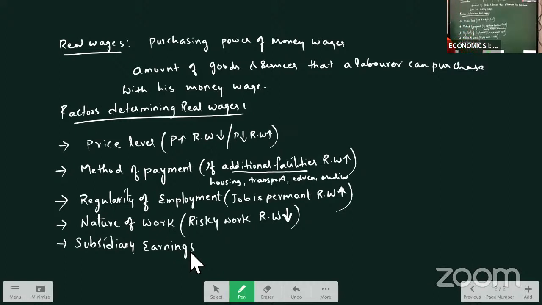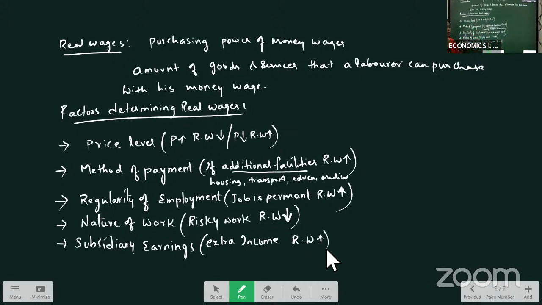So here we can say, if a labor earns extra income in addition to his wages, like rent on building or interest on capital, or income from agriculture, some extra income other than his wages, then his real wages will be high.